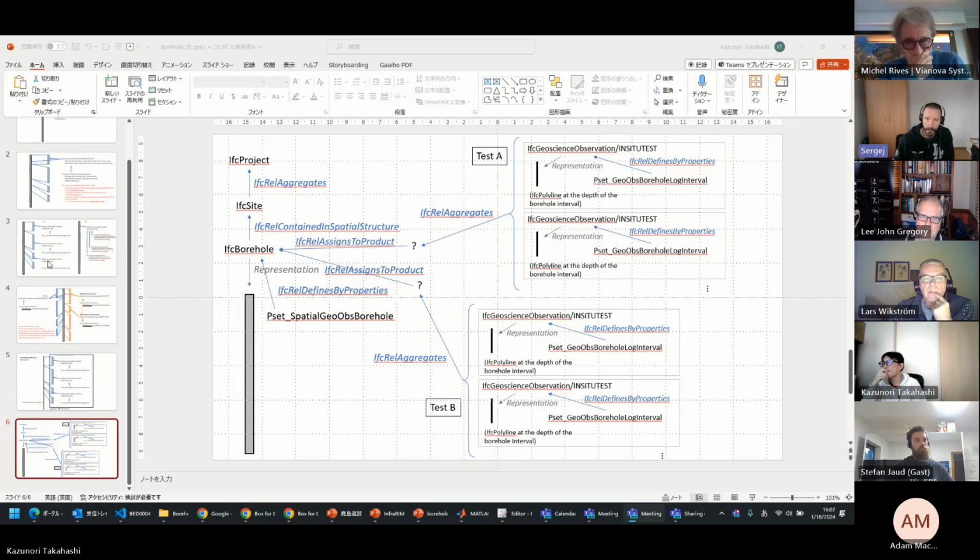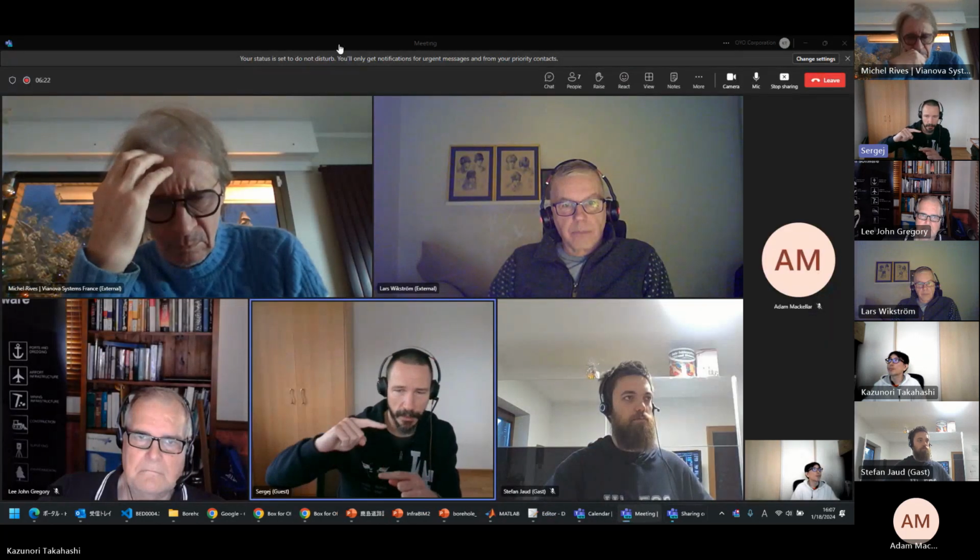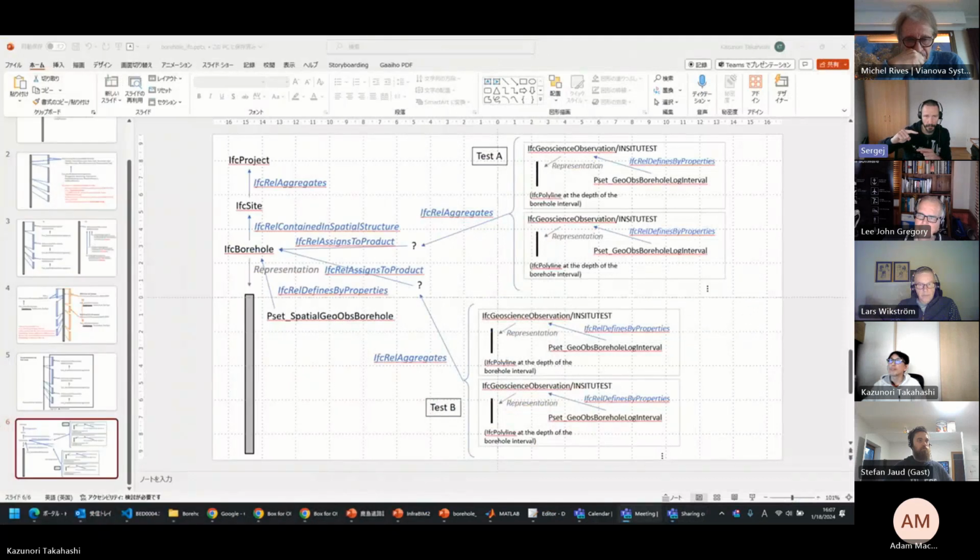We also then talked about how to convey what the segment is, and we in the end agreed that it would probably make most sense to have both a polyline representing this part where the test is relevant for, and a depth range property that's filled in manually.